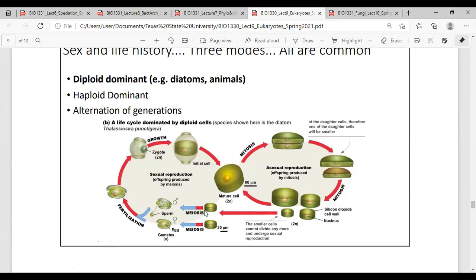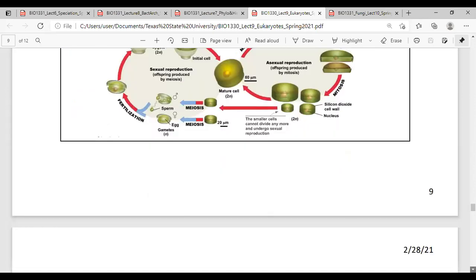So like in us, our cells undergo meiosis when they're about to make our egg and our sperm, then fertilization happens and it's a zygote again. It's diploid again. So they're only haploid for the time that they're a sperm and an egg, and then they're diploid again. So our cell cycles are diploid dominant, and so are animals, it's not just us, it's other creatures too. Most of our cells spend most of their life as diploid.